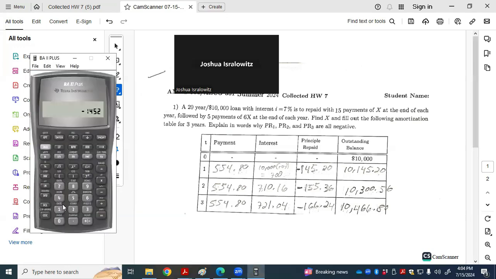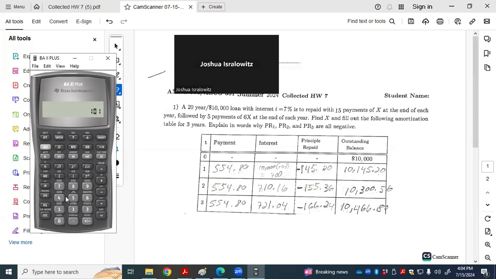That means the balance is 10,000 minus this, so you add it up: 10,000 plus 145.20. Then 7% of this, 10,145.20, is 710.16. It's easier to put a minus in front of it, plus 554.80 minus 710.16 is minus 155.36. Again, it's easier to put a minus in front of it and then add it to the previous outstanding balance.